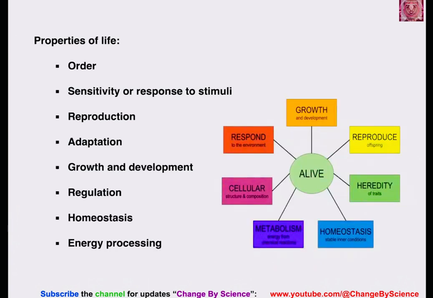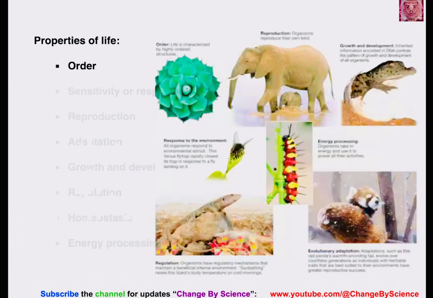Now, the properties of life are order, sensitivity or response to stimuli, reproduction, adaptation, growth and development, regulation, homeostasis, and energy processing. So here, order: life is characterized by highly ordered structures.